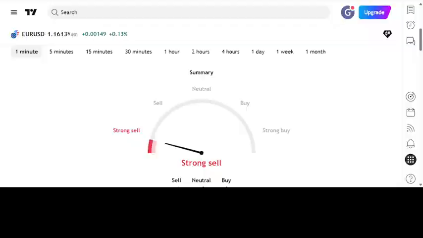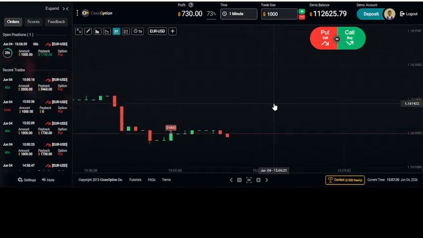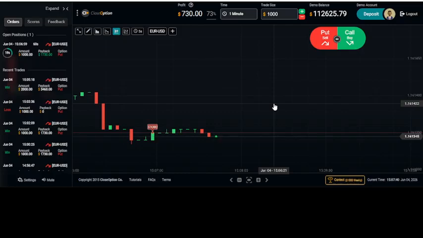Let's go back to the trading platform here. Just because it tells us it's a strong sell doesn't mean it will actually be in the money here. We can still lose the trade, but the idea is we want to trade generally with whatever trend the technical indicator is giving us on TradingView here. So let's see the results.